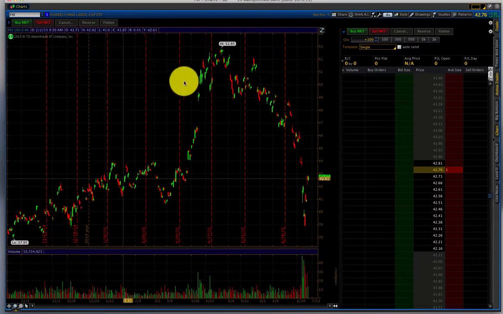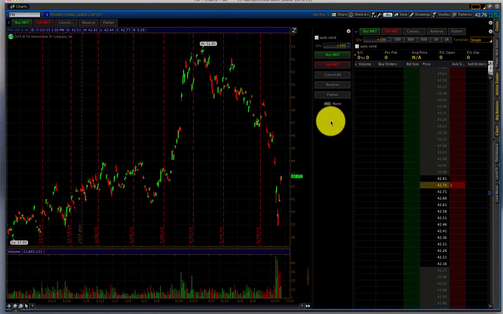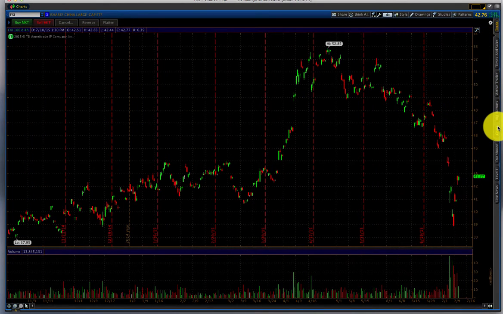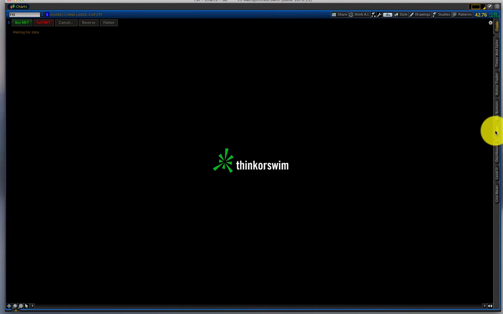So this is what I'm used to seeing, and then when I want to flip on the buy and sell window, and even the big buttons over here, I've been looking at the same charts the whole time. But that's just my preference. Alright, so back to the chart.